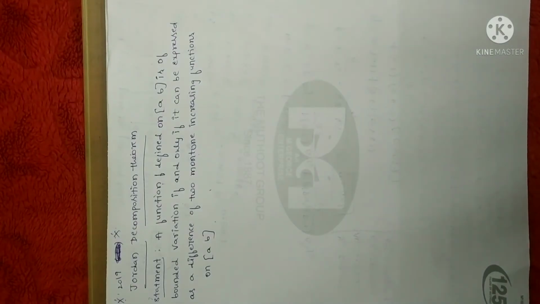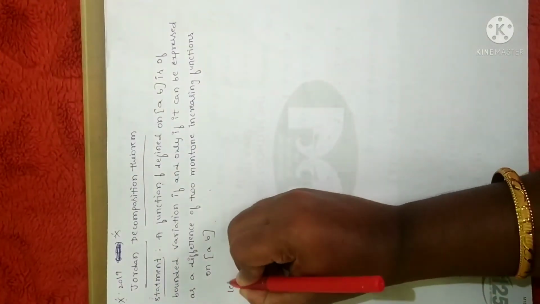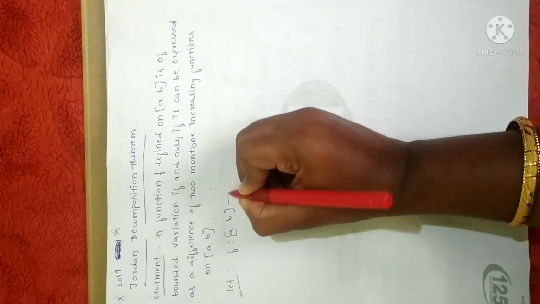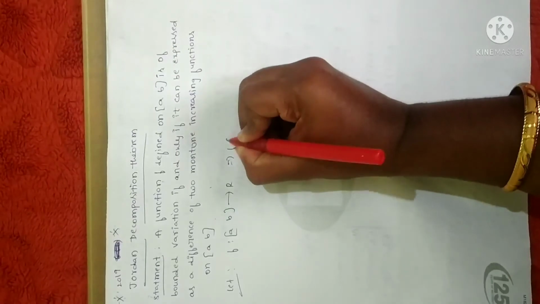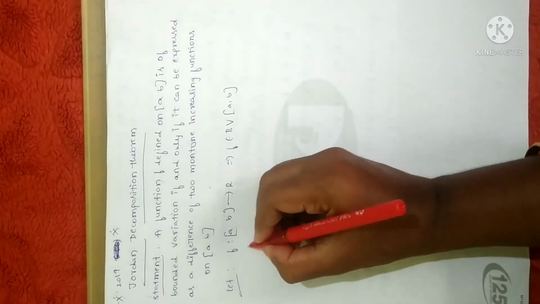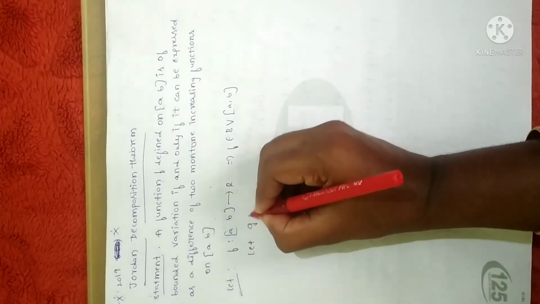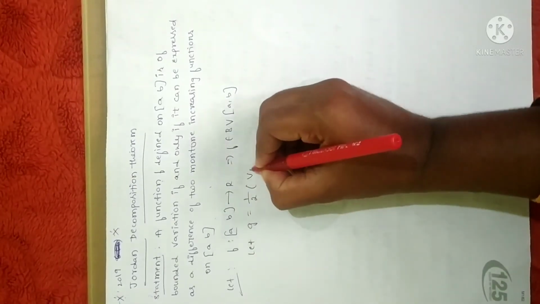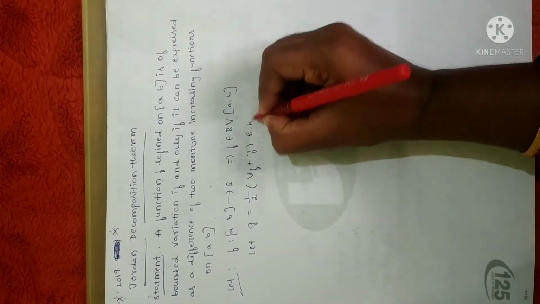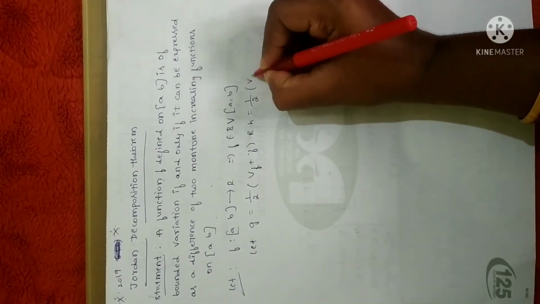Fine. So for the proof, let me define a function f from [a,b] to R. As usual, it is a bounded function, meaning f belongs to BV[a,b]. Let me define two functions, g as 1/2 into (Vf plus f), and h as 1/2 into (Vf minus f).